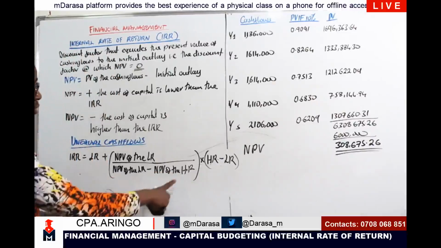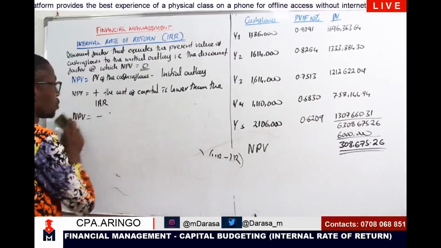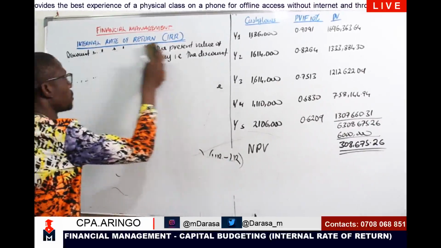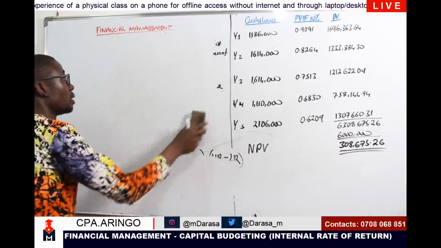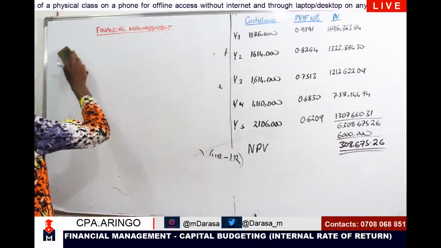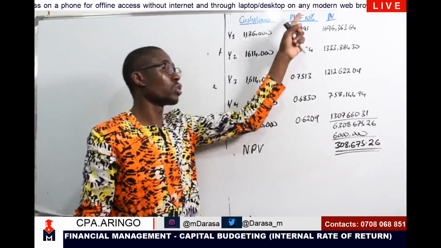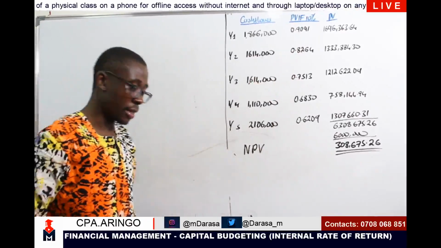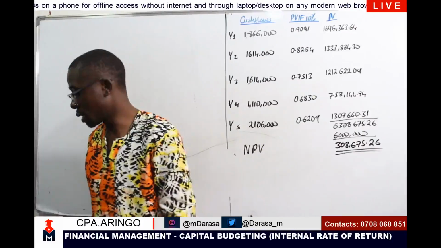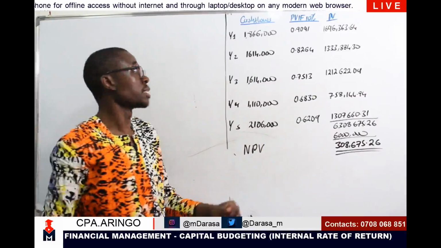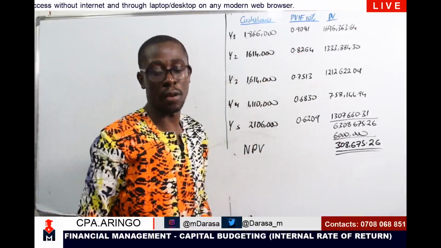Mark you me that you have gotten this formula right. So allow Mwalimu to erase at this point. It will be upon us to come up with a discount rate which is higher than the original rate of 10%. You can take random rates, so long as it is higher than the original discount factor.